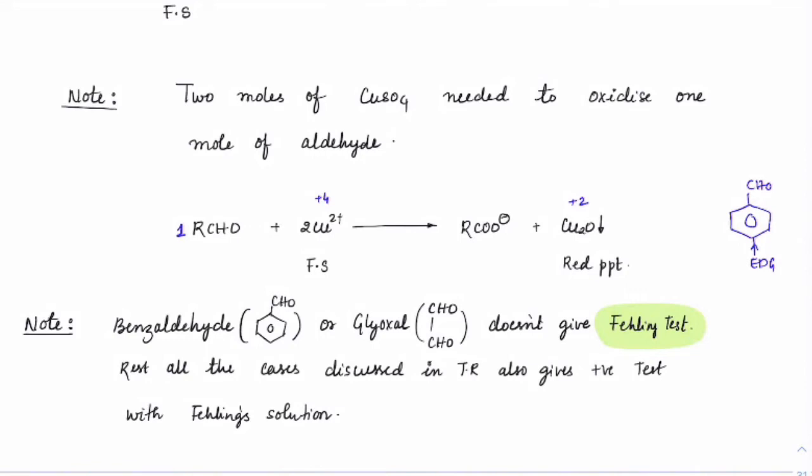Okay, so that would be very debatable to answer, like whether it will give or not, or how much time it is. So instead your questions would be asked mostly about either benzaldehyde or benzaldehyde with electron donating groups. Got it? And in both of them, Fehling's test would be failed. I guess all of you understood that. Yeah. So glyoxal also doesn't give this reaction with Fehling's test. So just remember only these two are the cases.